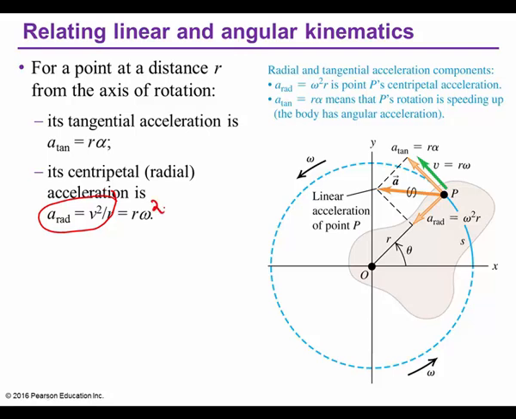That should be squared. There we go. Now look. Radial acceleration is just r omega. No, omega squared r. You've got to get meters per second squared. It has to be, because the radians cancel out.